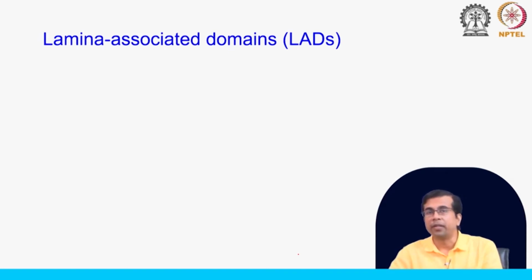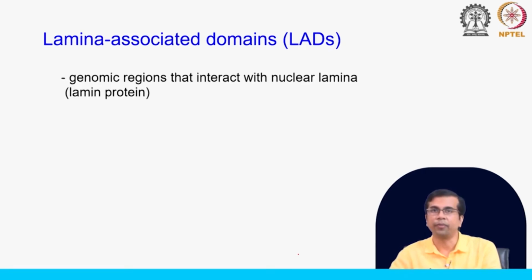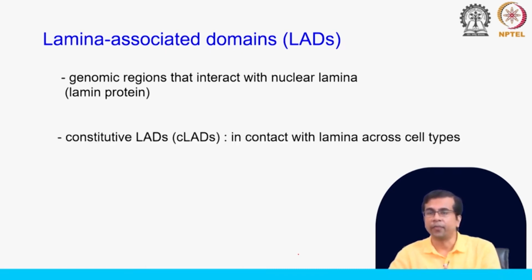Then you have lamina associated domains or LADs. These are regions of the genome that interact with the nuclear lamina, or specifically with the lamin protein. This is mostly transcriptionally inactive. Now, there are two parts of these LADs. You have constitutive LADs or cLADs. These are in contact with lamina across cell types.